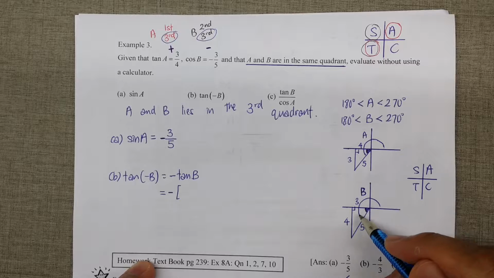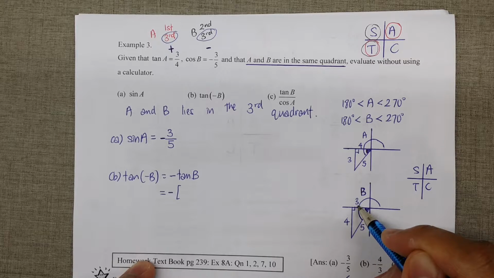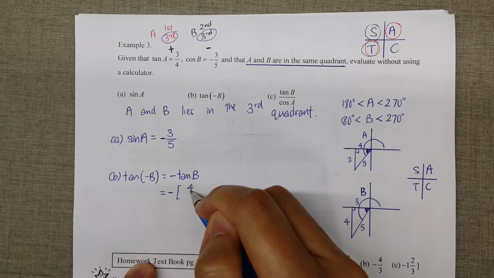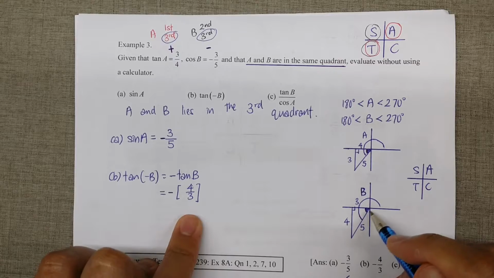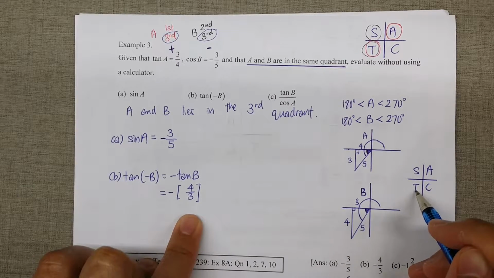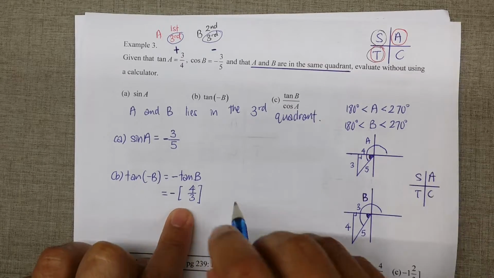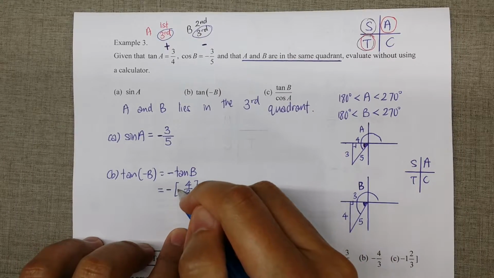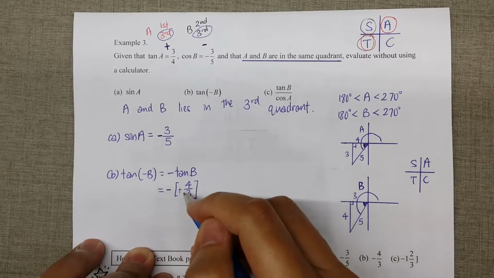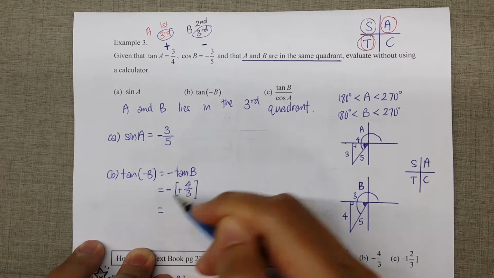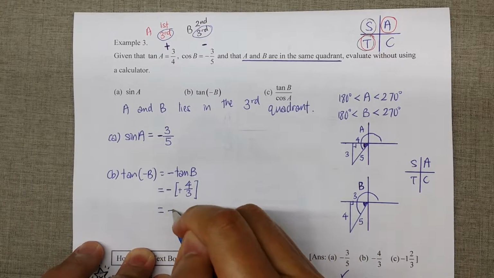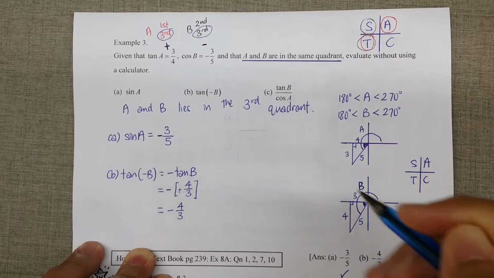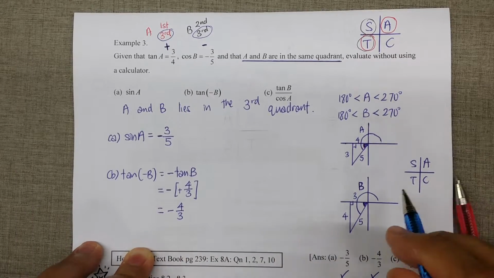Tangent B is opposite over adjacent, 4/3. And let's check whether it is positive or negative. Tangent B, third quadrant. Oh, tangent is positive. So you can either write a positive or just ignore. You know it's positive if you don't write anything. So in conclusion, the answer is -4/3. Let's check. It's correct.